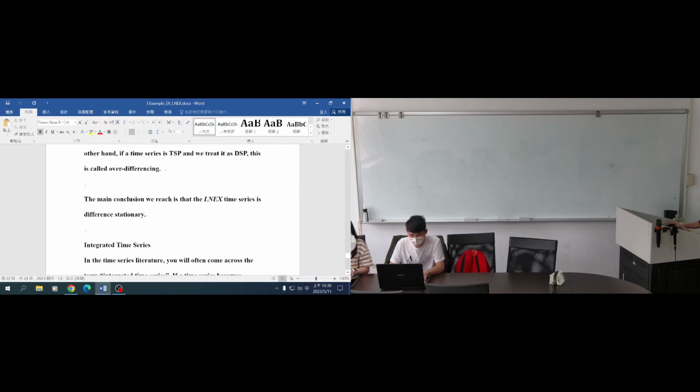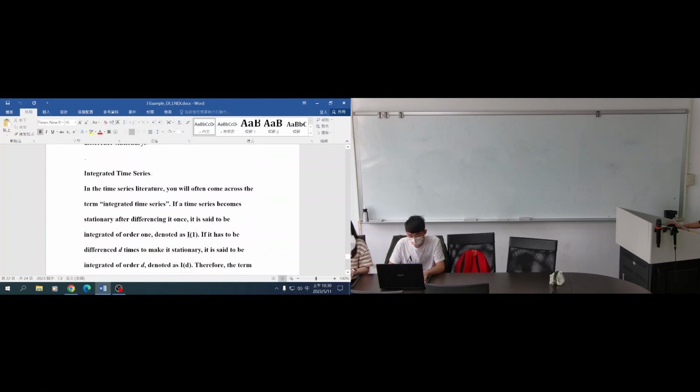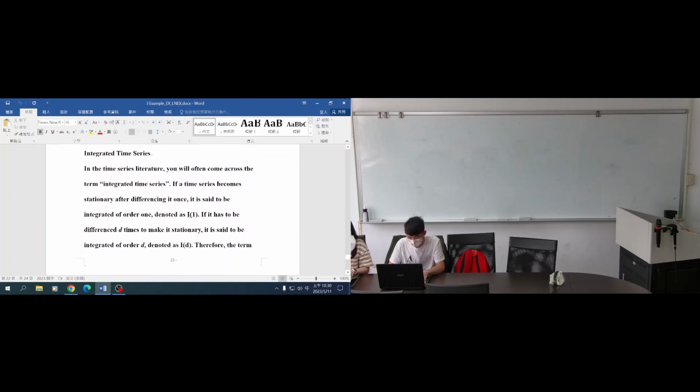Okay? And there are some terms I wanted to introduce, which are highly related to time series data and also some forecasting terms. The first one is the integrated time series. In time series literature, we often come across the term integrated time series.